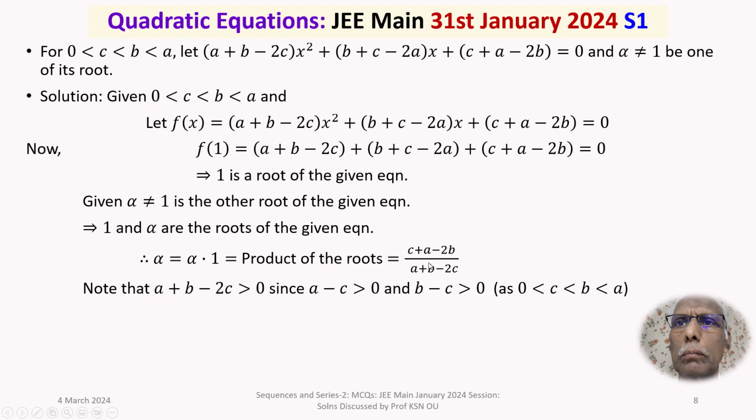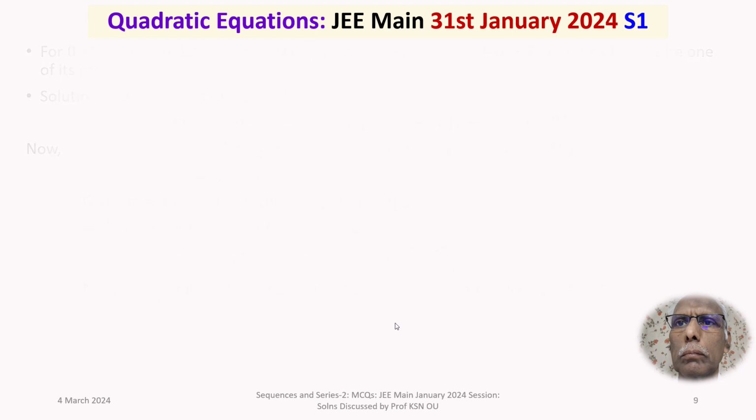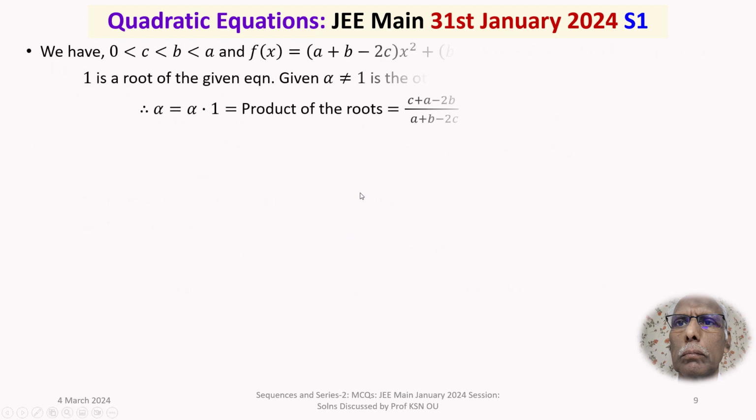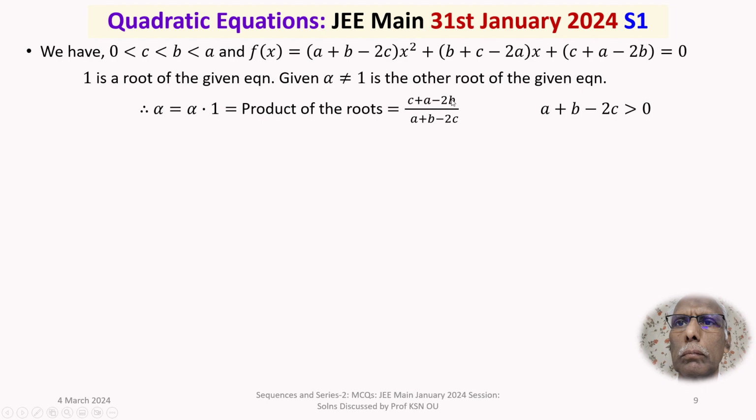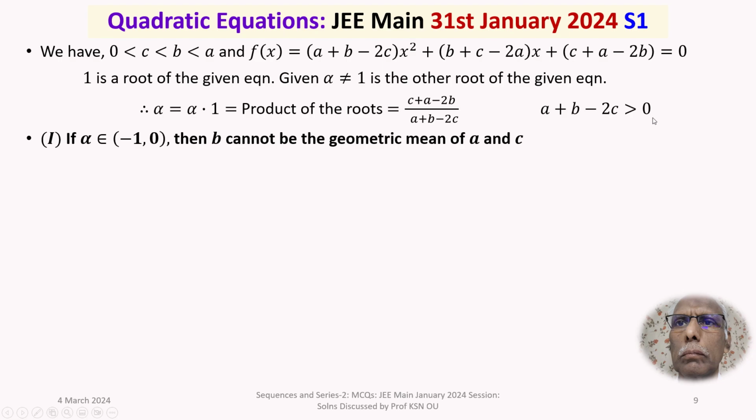So the denominator is greater than 0 because of the given condition. We continue in the next slide. Alpha is (C plus A minus 2B) by (A plus B minus 2C), and the denominator is greater than 0 for the given values of A, B, C.